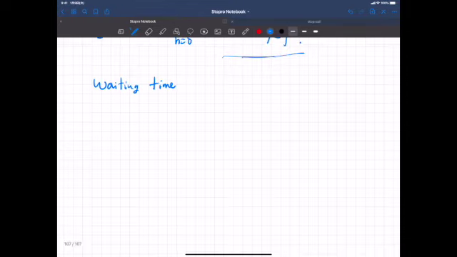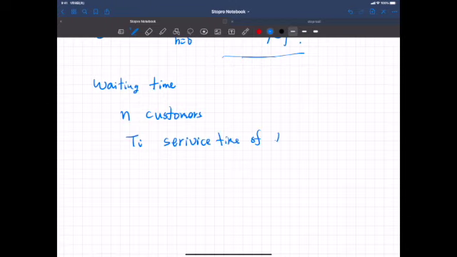So suppose there are n customers in the queue. And each of them will be served for ti seconds or minutes, or in whatever unit. So the service time of the ith customer is ti.